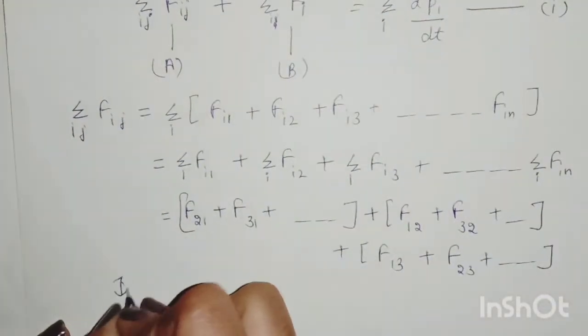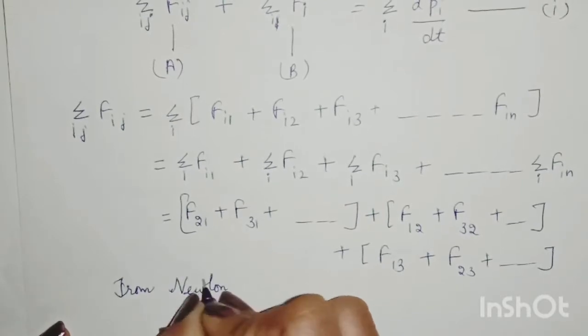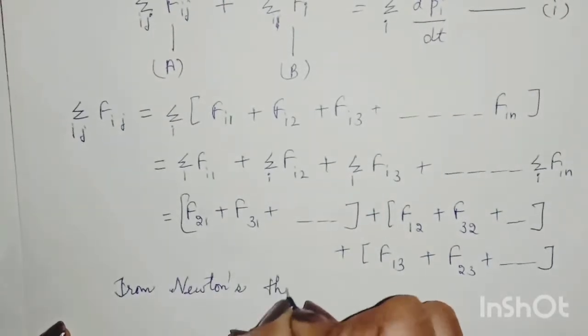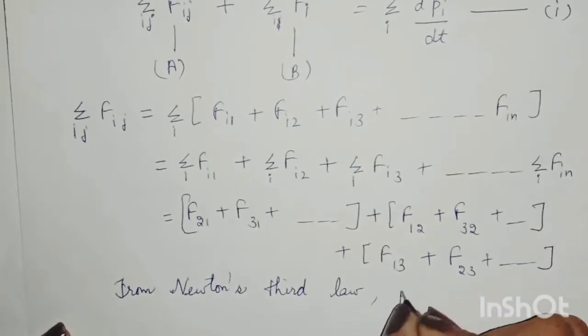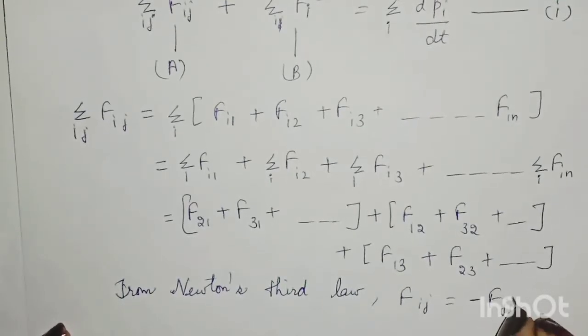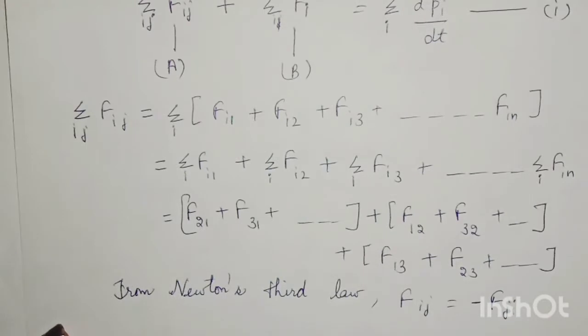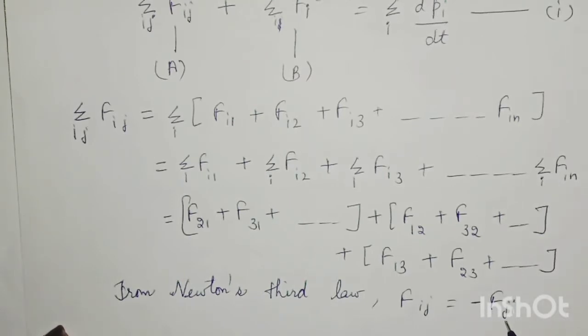From Newton's third law, we know Fij is equal to minus Fji. That means the force on the ith particle due to j is equal to minus the force on the jth particle due to particle i.